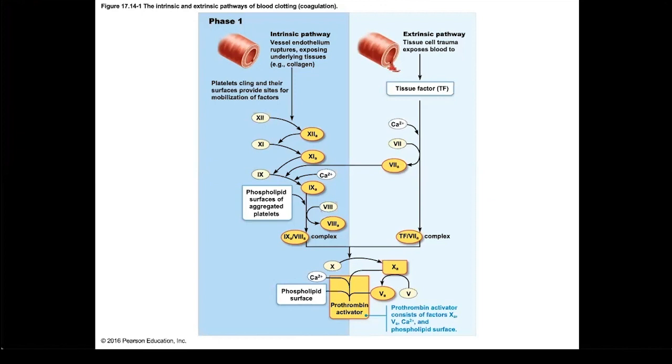Notice that 11 is converted into the active 11. And this continues here. Platelets also are involved. You can see that on the left there, where the active form of 9 is combining with the active form of 8 to produce a complex, and then that will continue on down, where you have 10 being activated, which will then activate 5.